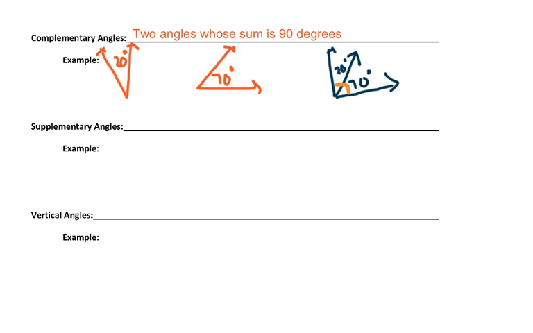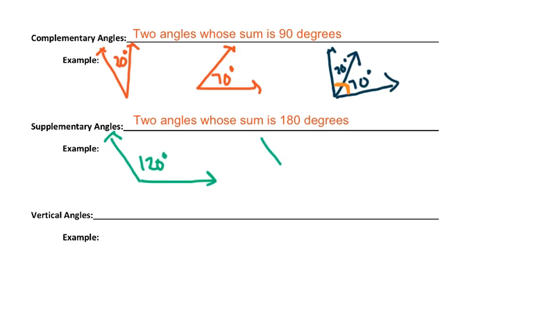Supplementary angles are angles that add to 180 degrees. So an example of that would be an angle that measures 120 degrees, and its supplement would measure 60 degrees.